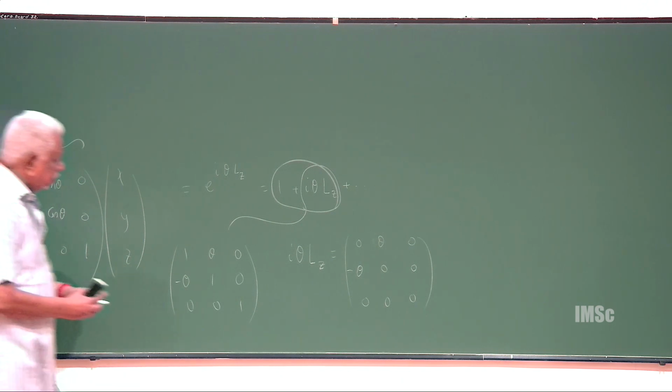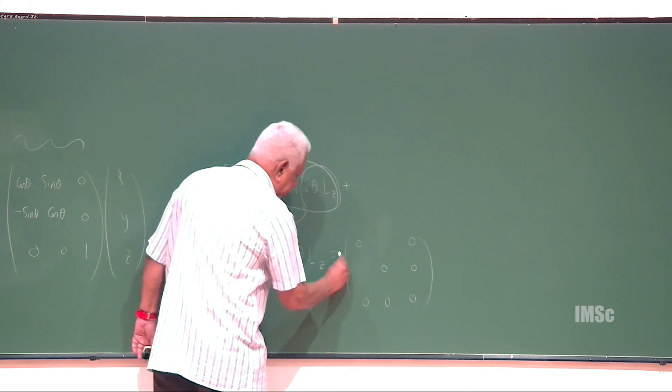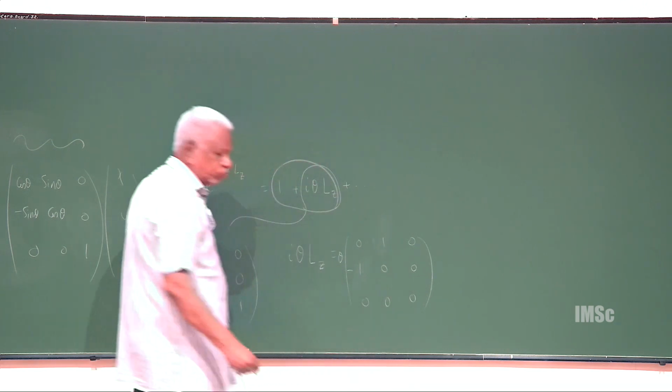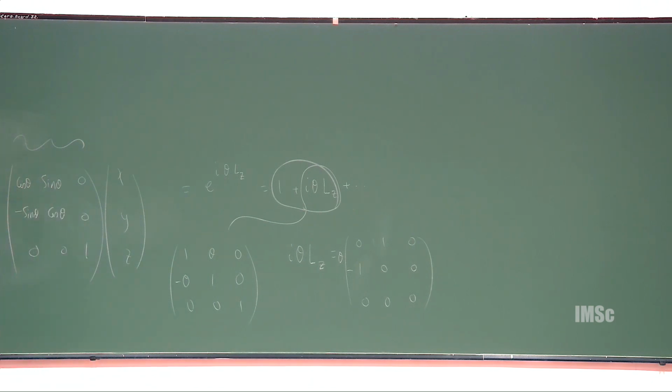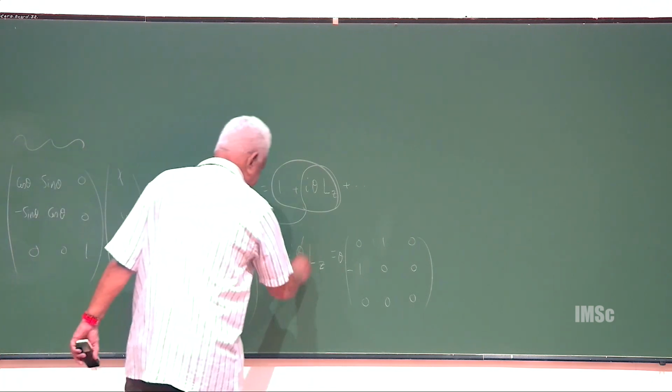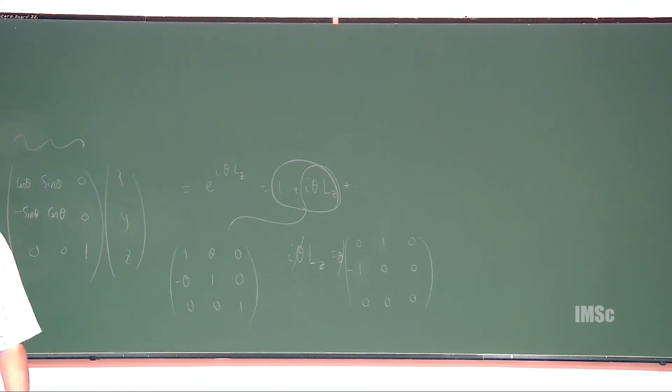I can write this theta outside and cancel this theta on both sides. So iLz is that matrix.